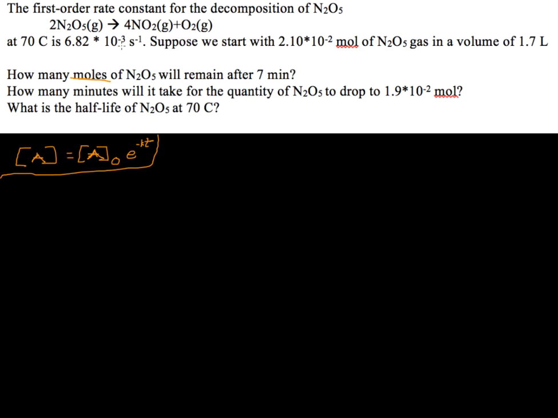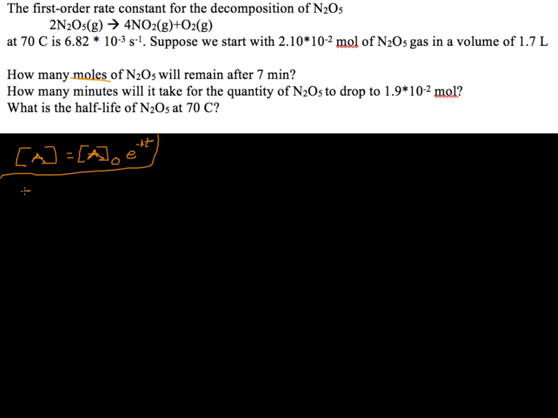Now we're provided with a starting value of moles for the gas, and what we're actually going to need to do first is convert this to molar because we're given a volume, and then we're going to use that volume later to convert the final concentration of N2O5 back to moles.